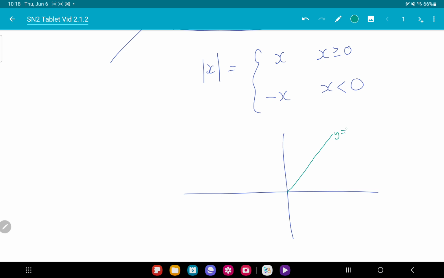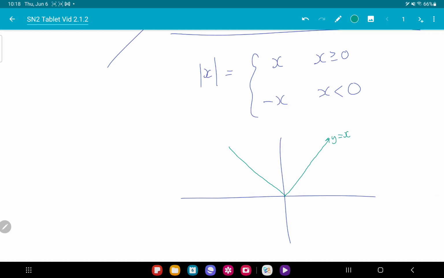That's y equals x. And then for x is less than 0, I'm going to draw this other diagonal line. Negative x goes like this, right? So we should put arrows to indicate these continue. So that'd be the picture of absolute value of x.